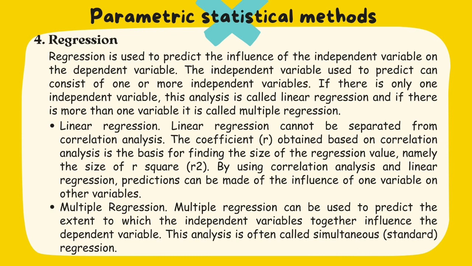By using correlation analysis and linear regression, prediction can be made of the influence of one variable on other variables. Multiple regression. Multiple regression can be used to predict the extent to which the independent variables together influence the dependent variable. This analysis is often called simultaneous standard regression.